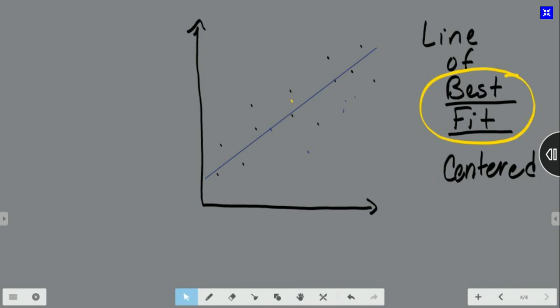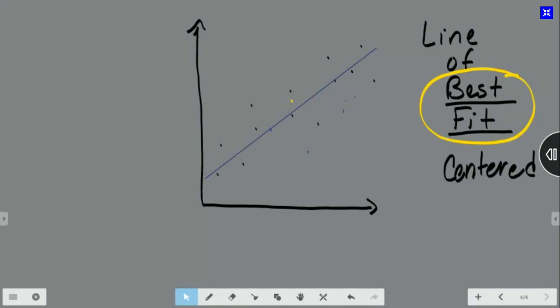First thing I would want to do to answer this is draw that line of best fit. Should I start my line up over here? I'm going to come down here where I have most of these, and my line's going to go through there.